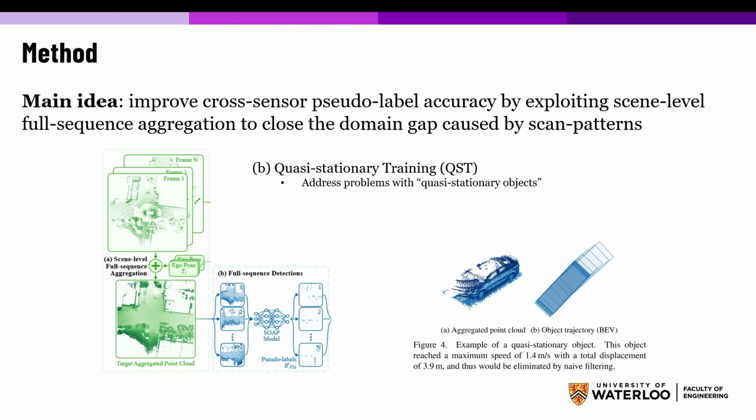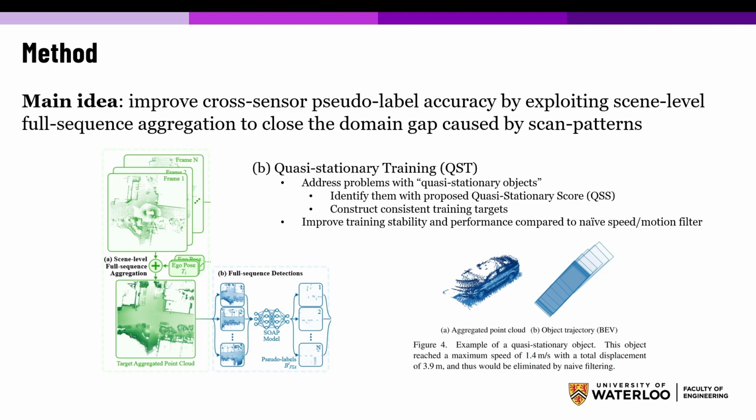A quasi-stationary object, as we define it, is an object that is not strictly stationary, so it can be moving, but after aggregation, the point cloud has very little distortion, as if the object were stationary the entire sequence. We propose a technique called the quasi-stationary score to identify those objects, and also a technique to construct consistent training targets for those objects during training.